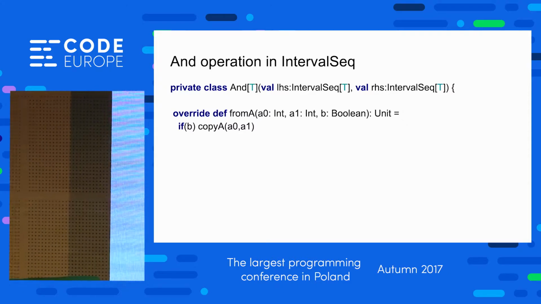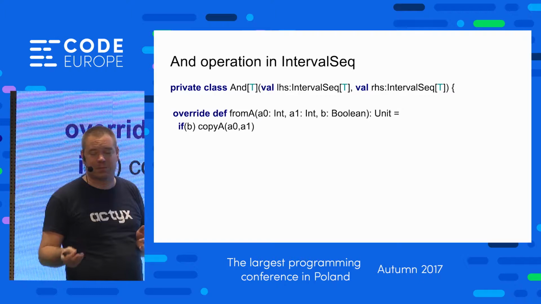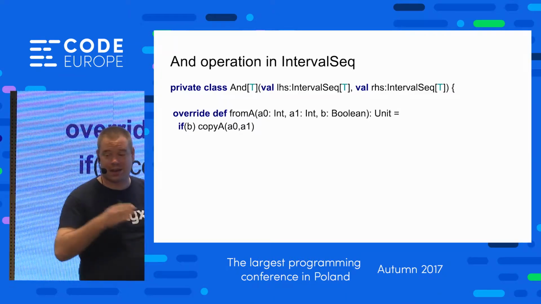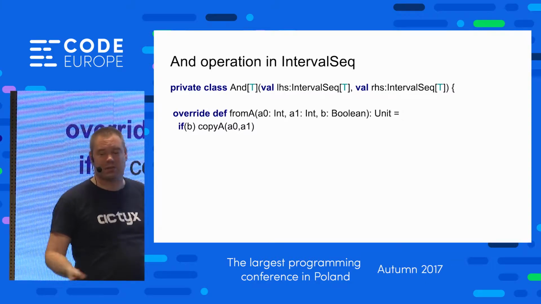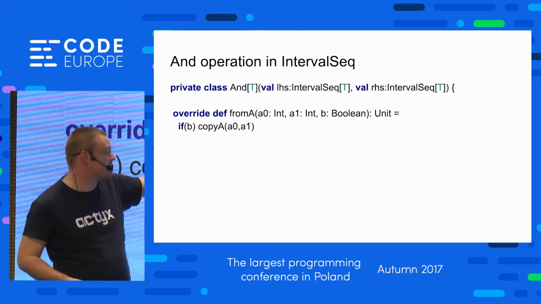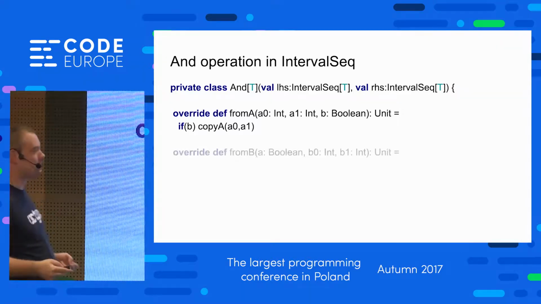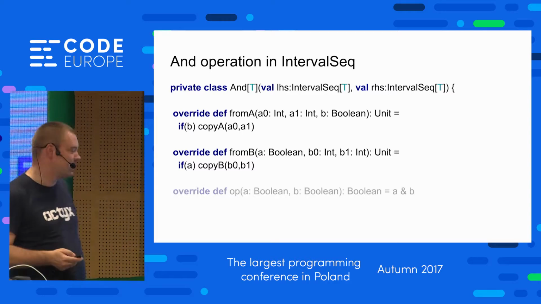Copy A will just invoke system array copy, and will be very efficient if A0 and A1 are far apart. If A0 is A1 minus 1, it won't matter very much. It will still be decent, but not very fast. But if this is a big chunk, then the CPU will just run through it. And the case for B is exactly the same except flipped.